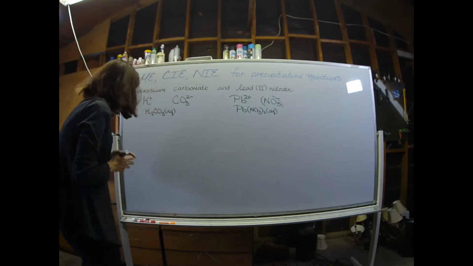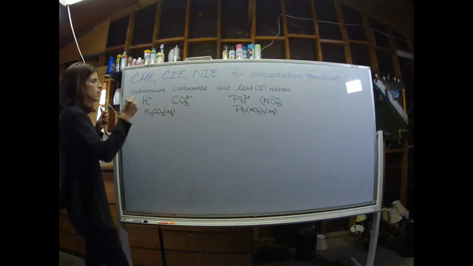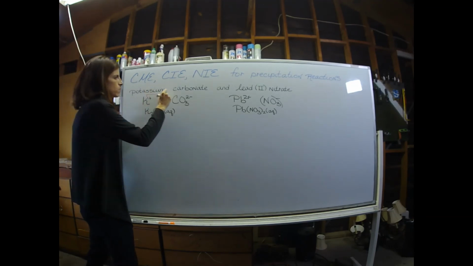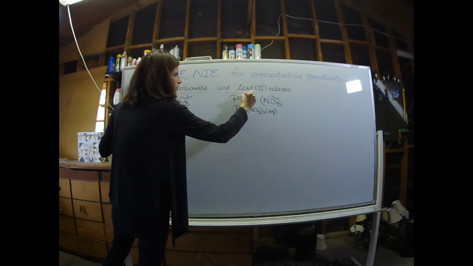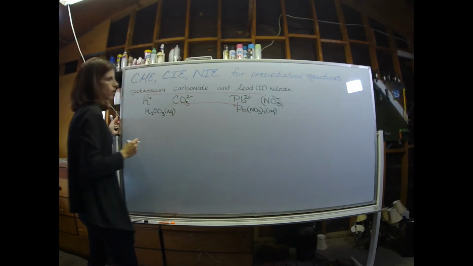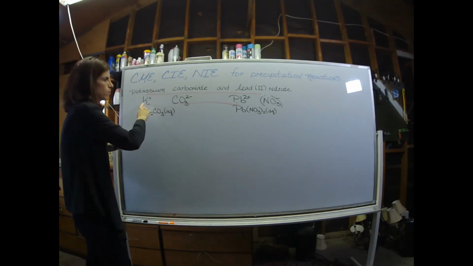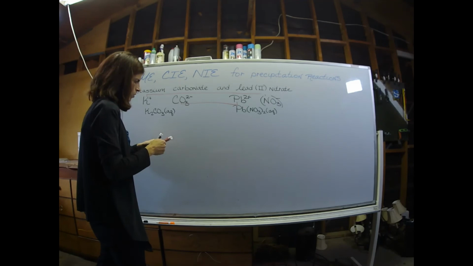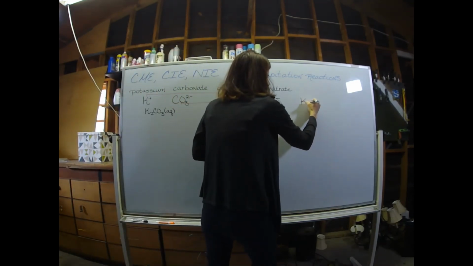Now considering the do-si-do as we start predicting our products. Potassium is going to hook up with nitrate, and we'll do the lead with the carbonate. So our first product, we got a +1 and a -1. So one of our products will be KNO3.